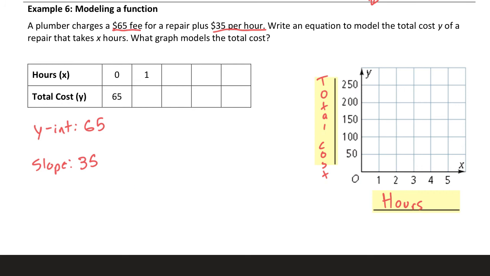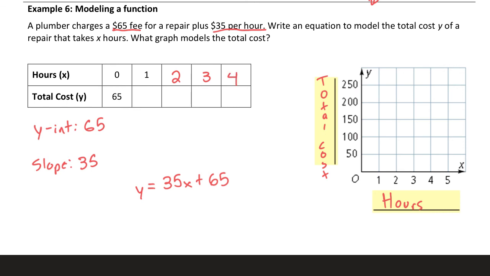So to write our equation, it would be y equals 35x plus 65. That means you start with a bill of $65. That bill increases by $35 for each increase of 1 hour of the job. For our hours, we're picking what's called a reasonable domain, a reasonable set of x values: 0, 1, 2, 3, 4.